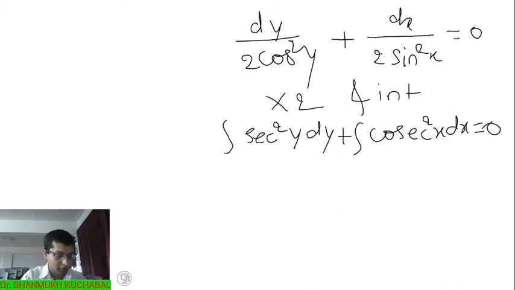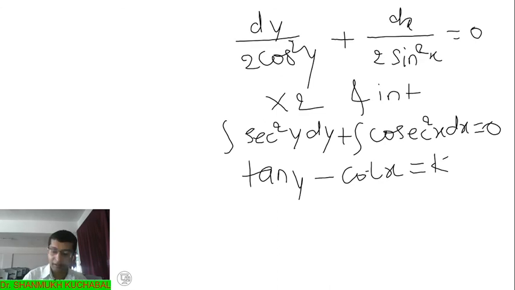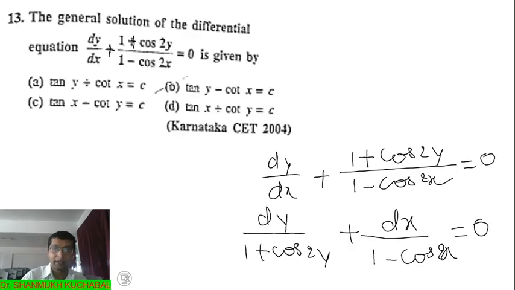So the integration of sec square y is tan y. The integration of cosec square x is minus cot x, and the constant of integration we take as k. Therefore option B, tan x minus cot x equal to c, is the right answer.